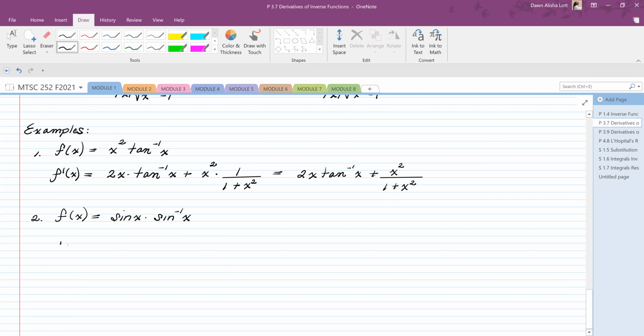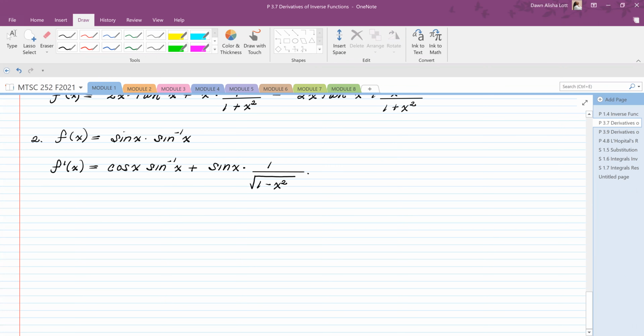And f prime of x is the derivative of the first, that's cosine of x, times the sine inverse of x, plus the sine of x times the derivative of the sine inverse of x, which is 1 over the square root of 1 minus x squared. Okay. All right.